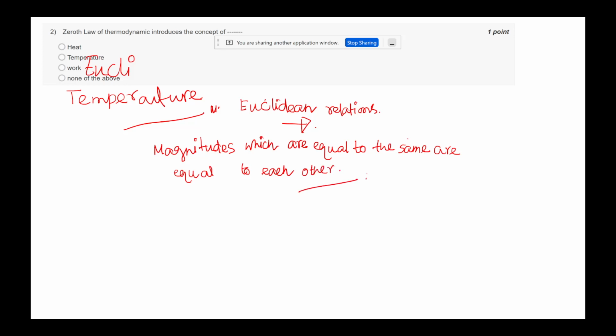Okay. So what does it say? It says that magnitudes which are equal to the same are equal to each other.